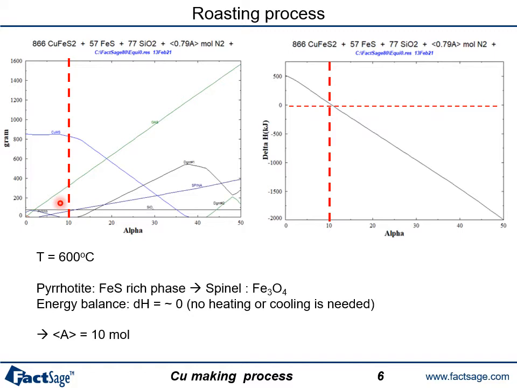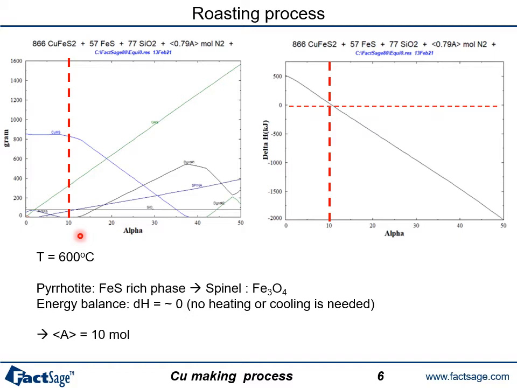So if you consider the purpose of the roasting process, that was removing all the moisture and also partially oxidizing our sulfide mineral to the oxide mineral. So you can say that the calculated result at about 10 would be a reasonable condition for the roasting process.